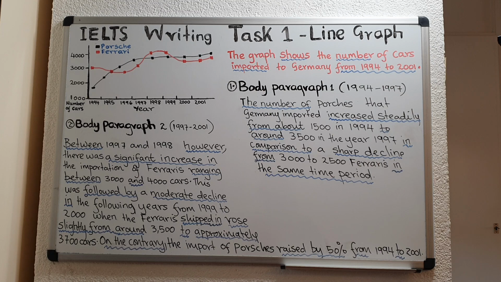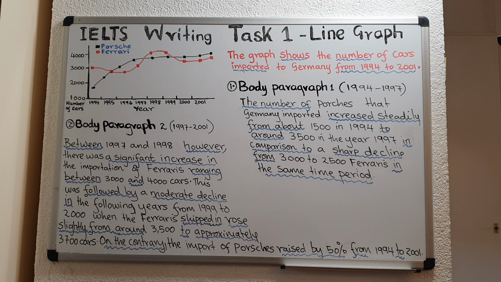Now, if I don't want to repeat 1994 to 1997, then I write in the same time period. Because remember, when you're writing task 1, you're supposed to use a lot of synonyms. Do not repeat your words unnecessarily. Try and introduce new words so that you can get a lot of marks for vocabulary. So, I began with the Porsches and I began with the phrase, the number of.